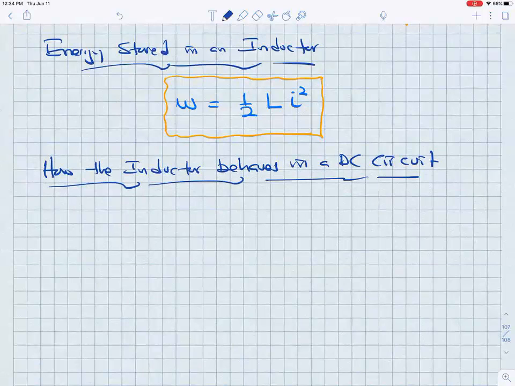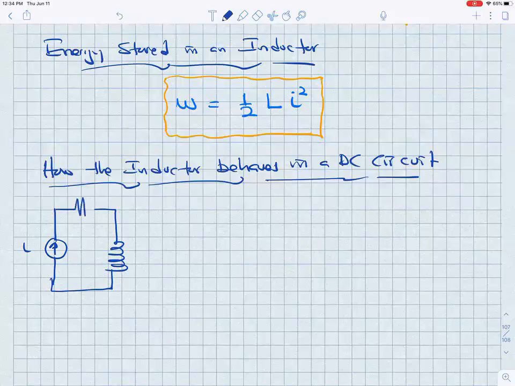So in the DC circuit, I'm going to put some inductor here, and because we normally deal with current, let's assume this is current, and let's assume this is an inductor. I'm going to put a resistor in there as well.